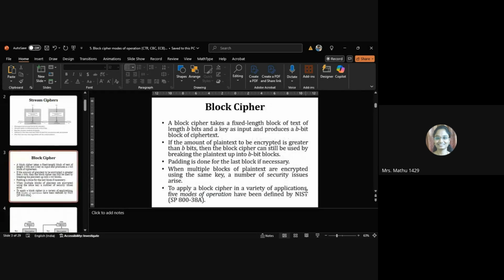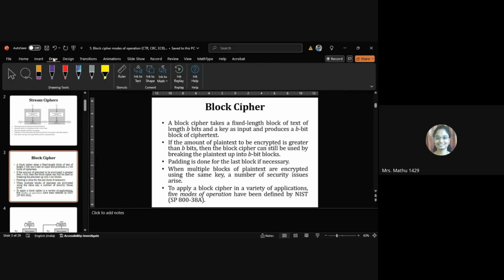And the other type of cipher is the block cipher. In a block cipher, we have the plain text, and it is going to be taken as fixed length blocks. The plain text that you take is divided into blocks, and each block will be of size b bits.